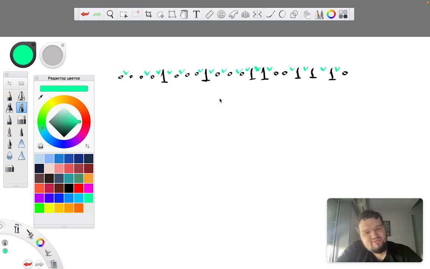I think that we are interested in groups of consecutive ones, and also, after we remove every such group, both pairs adjacent, on the left and on the right.